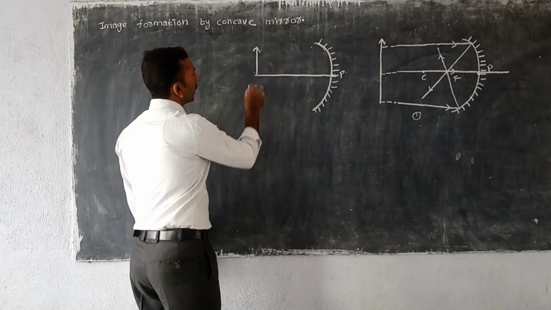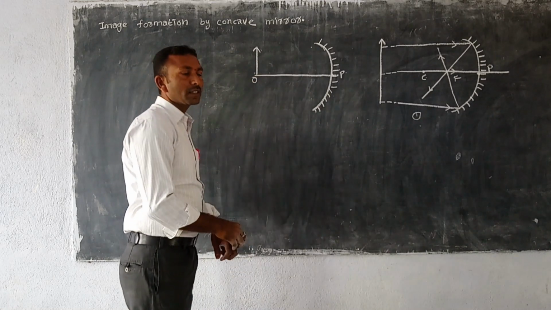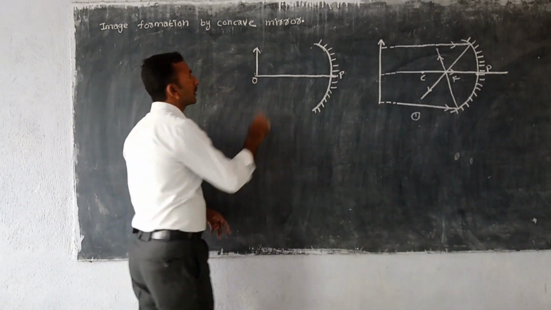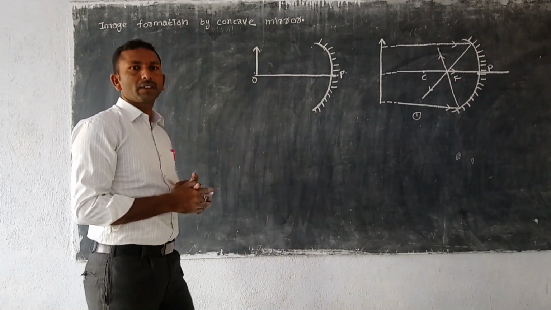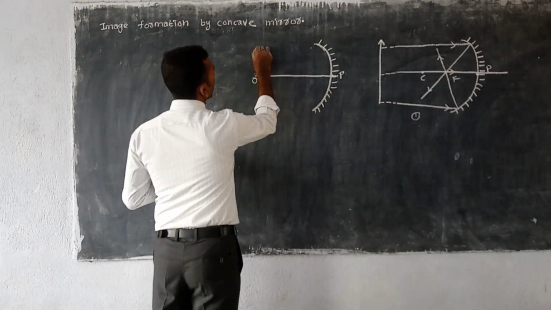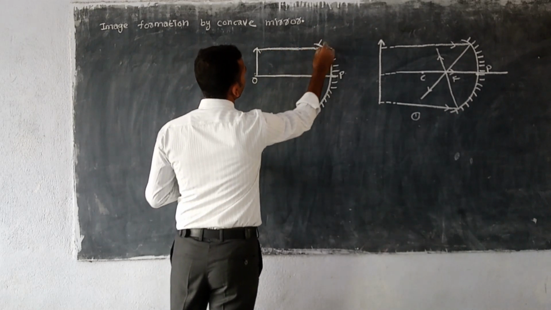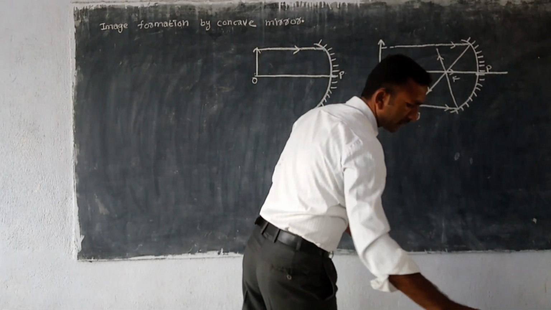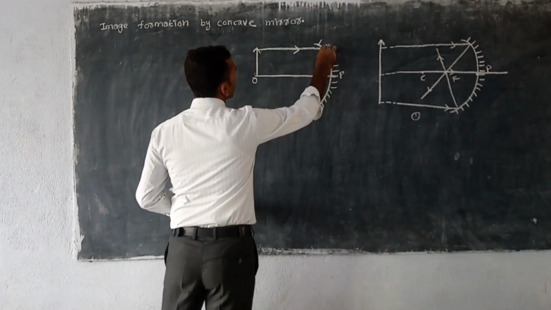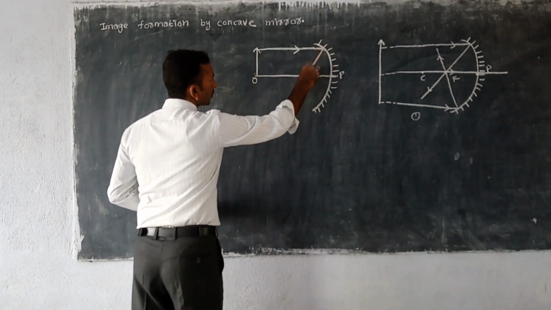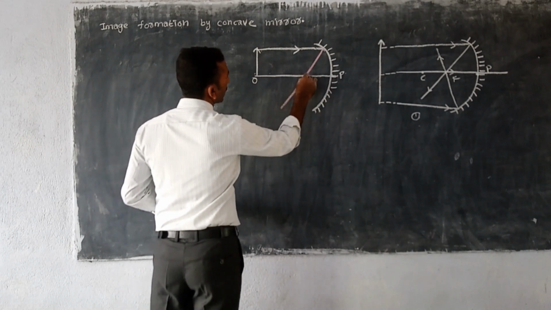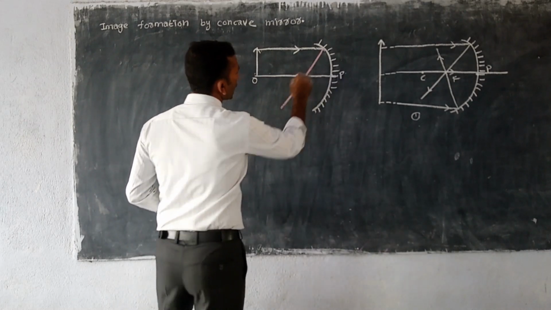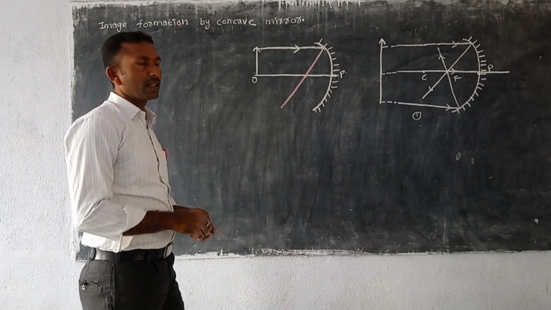This is the object O. What is the first light ray we are always taking? The parallel light ray, which goes parallel to the principal axis, and after reflection it goes through the focal point of the mirror.